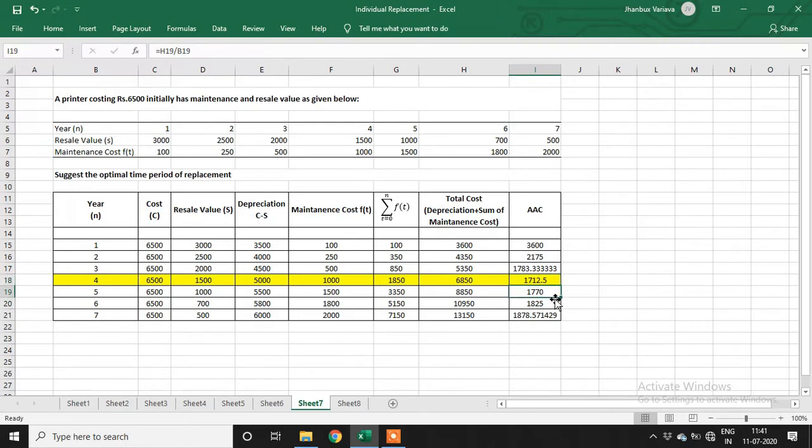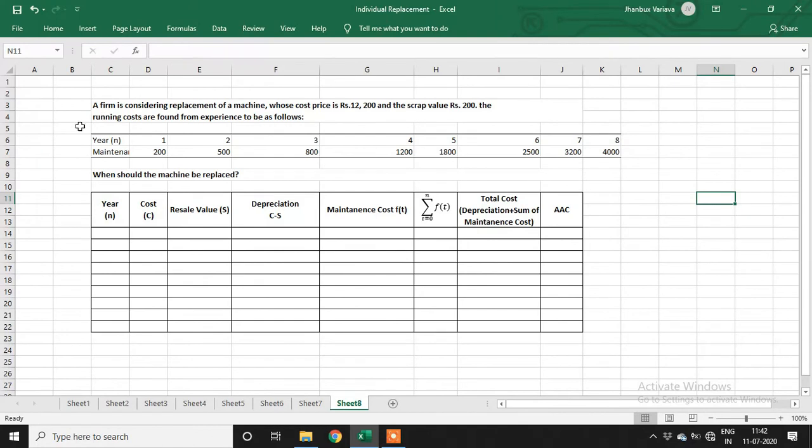Otherwise, your cost will start increasing. Okay, so this is the replacement model, how you can do certain analysis to find out at which time you have to replace your model. So you can write in the answer that the fourth year is the year when you can replace your printer with a new one. Okay, now let's go to the second sum.